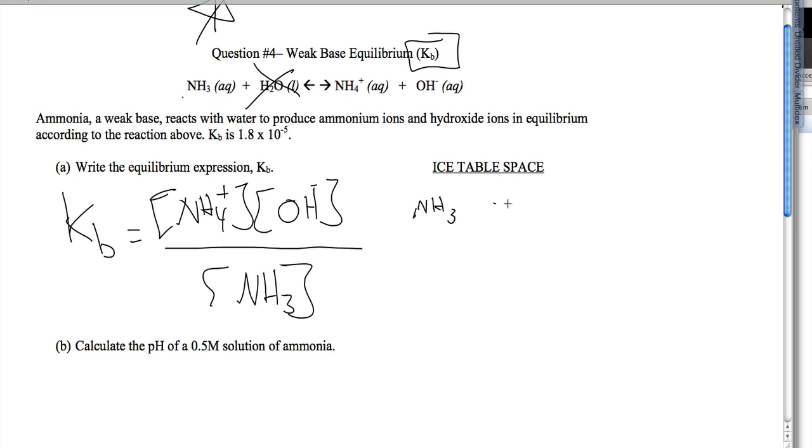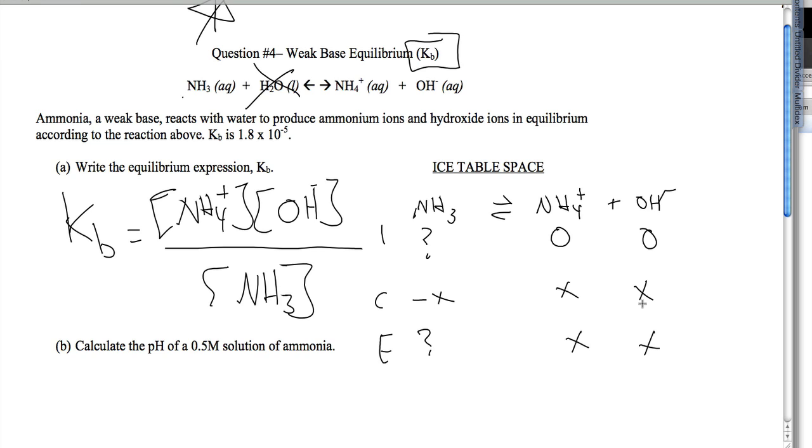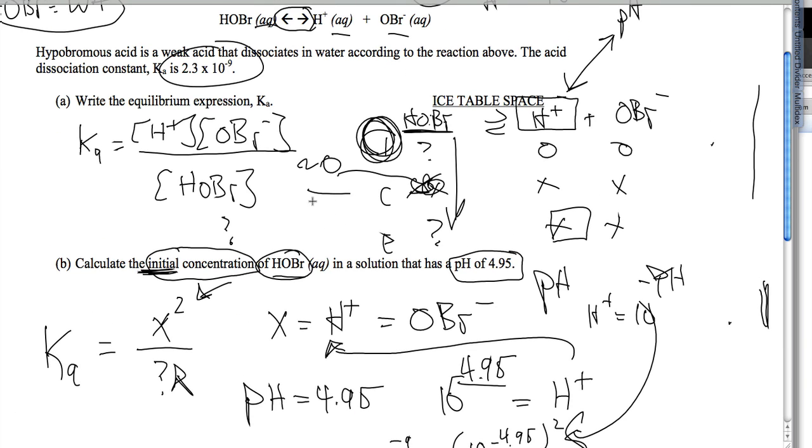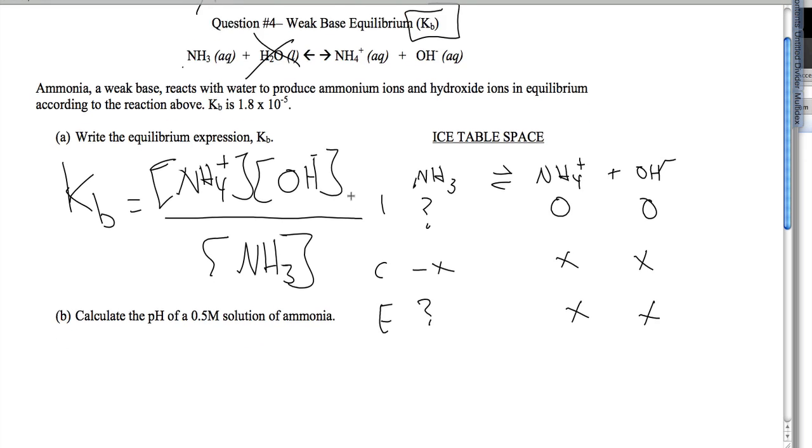So NH3, NH4 plus, OH minus. I'm doing my ICE table: I, C, E, question mark, 0, 0, minus X, X, X, question mark, X, X. Just like in the previous K problem that we did, we can assume that the X is essentially 0.